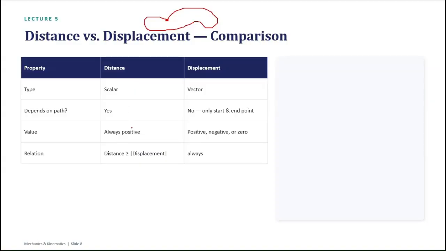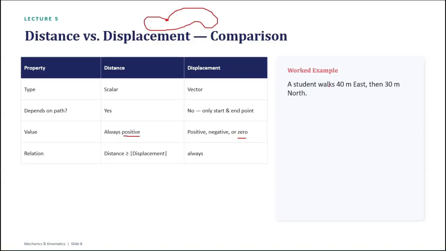So distance will be positive, but in this case, the displacement is zero, because the object moved, yes, but it came back to its original position, to its starting point, so displacement is 0. Alright, relationship: distance is always greater than or equal to displacement. Okay, now we have an example.